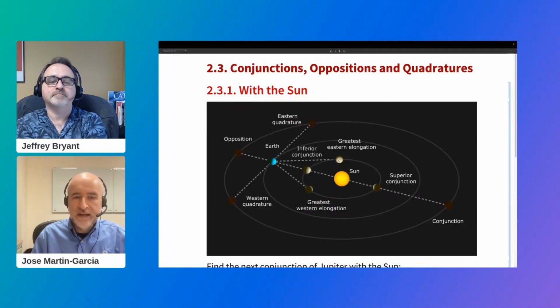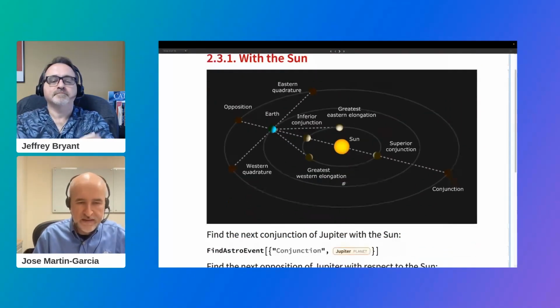If we are looking at an inner planet, like Venus, then we will have the inferior conjunction, the superior conjunction. There is never an opposition. And then we never have quadratures, but we have the greatest elongation in the east or in the west. Right? So these are the 4 here and 4 here events we are interested in.